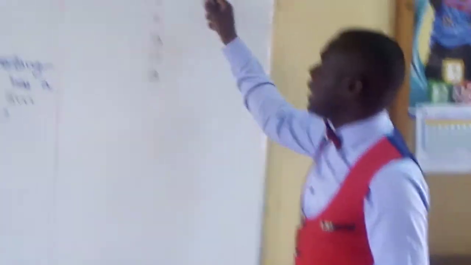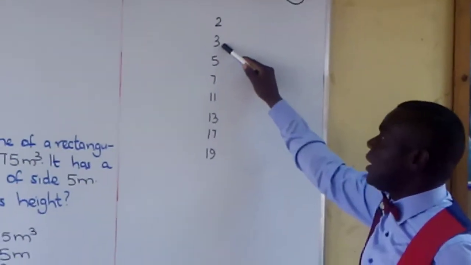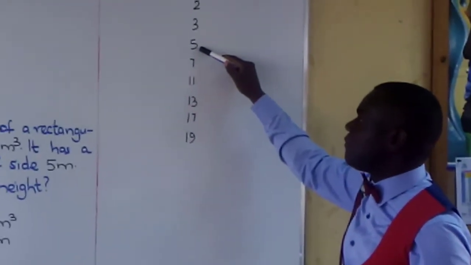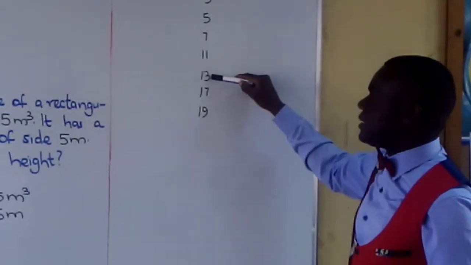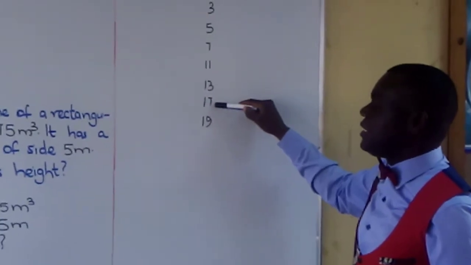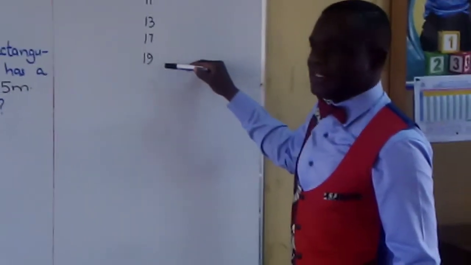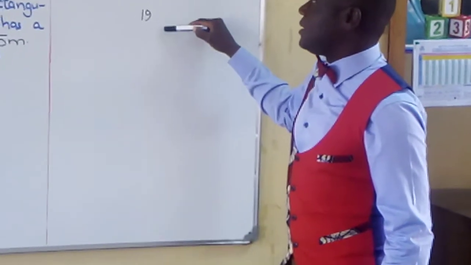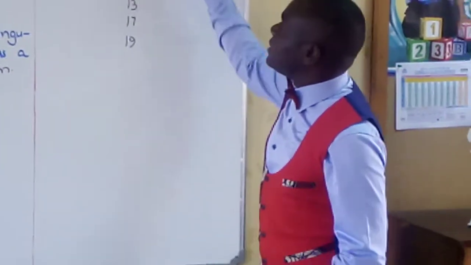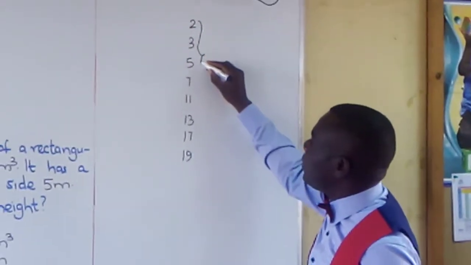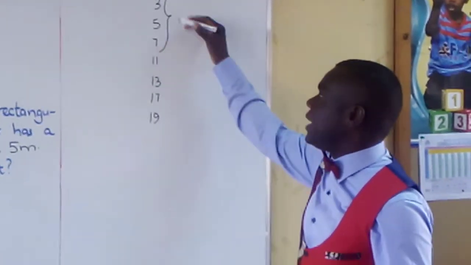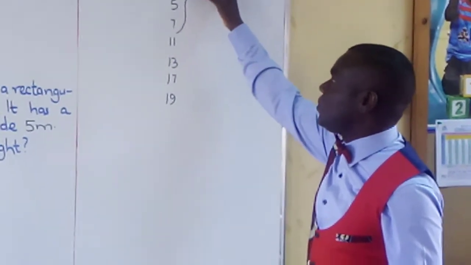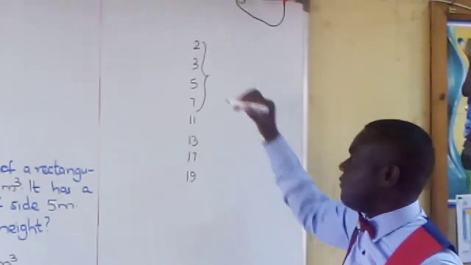Again, I repeat: 2, 3, 5, 7, 11, 13, 17, and 19. Now, among these, we have the ones between 1 and 10. Between 1 and 10 are 2, 3, 5, and 7.